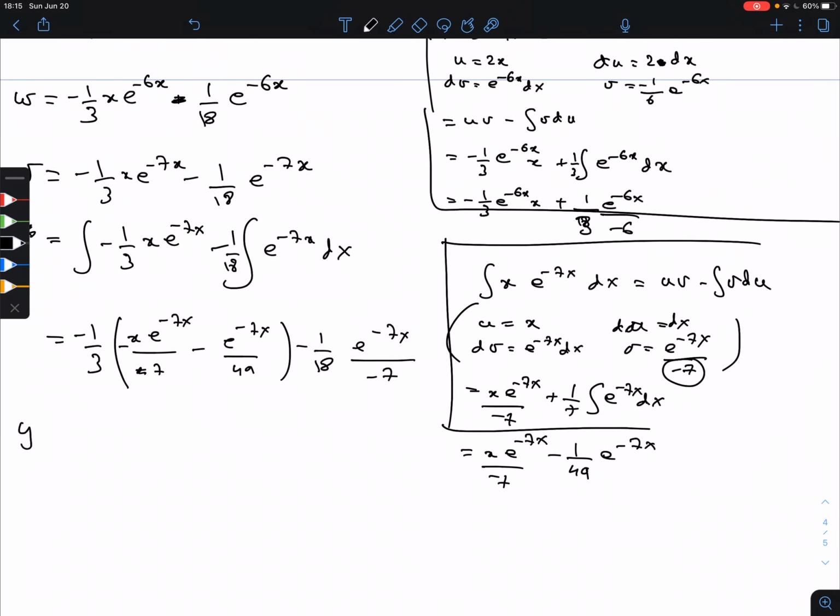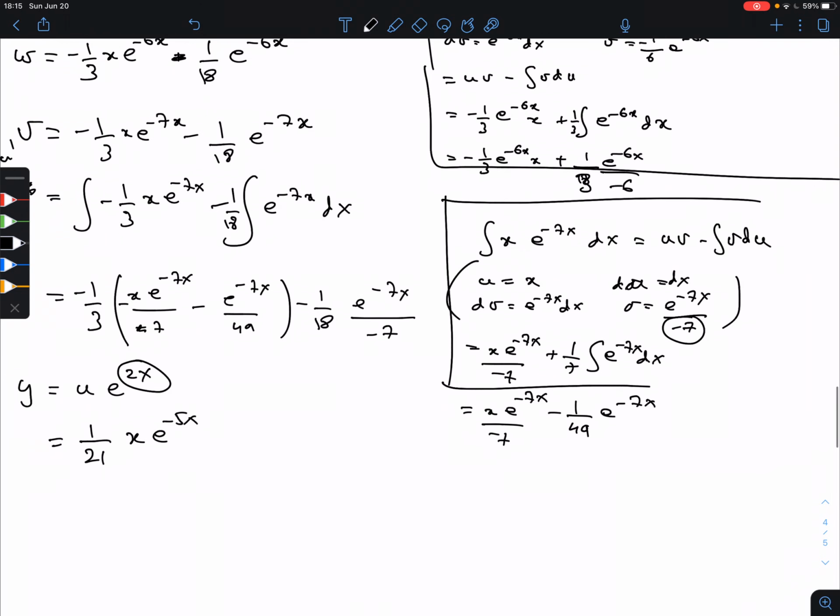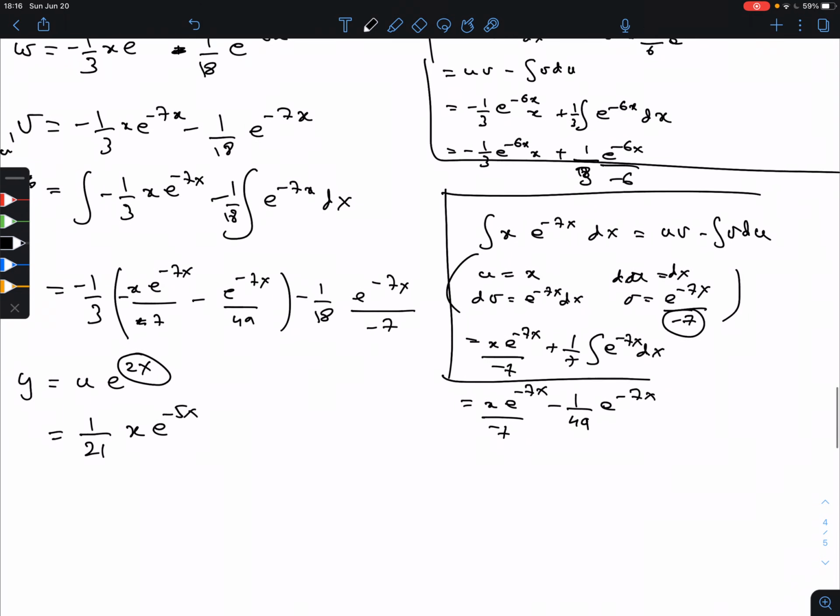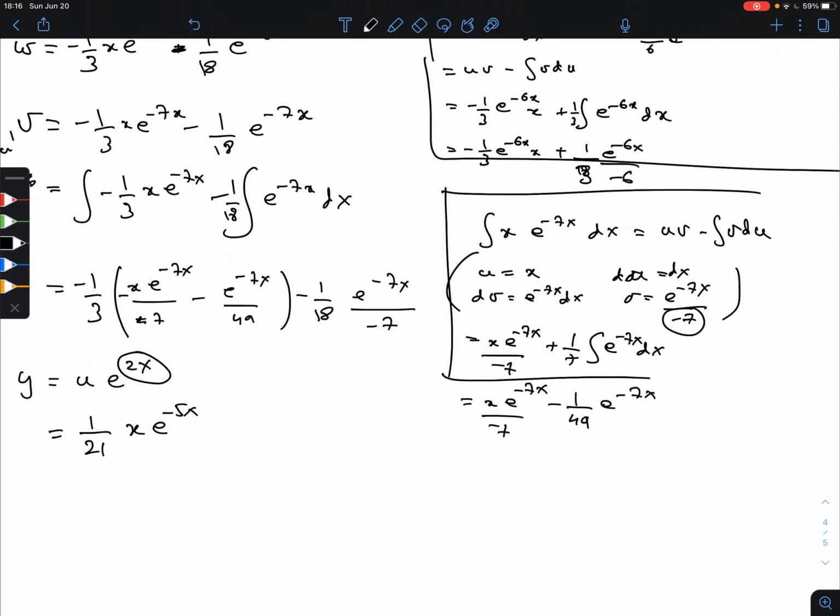So now, let's look at the coefficients here. So this is u times e to x, okay? First of all, the first coefficient is 1 over 21, and we have an x e to the minus 5x, because I'm adding the 2x onto the minus 7x, right? And then here we have two coefficients of e to the minus 7x.